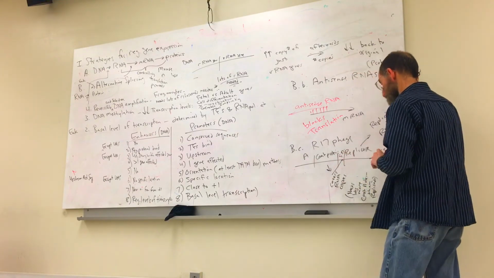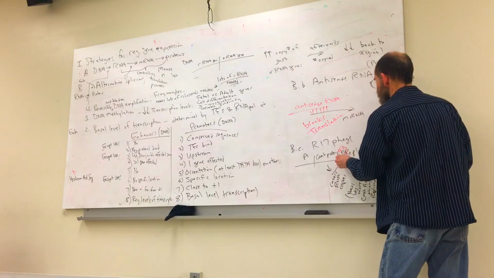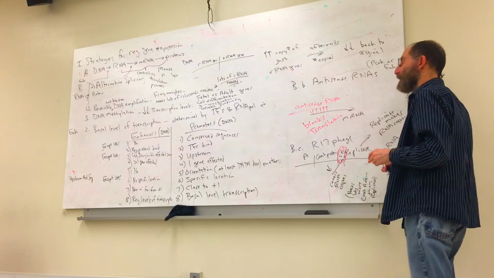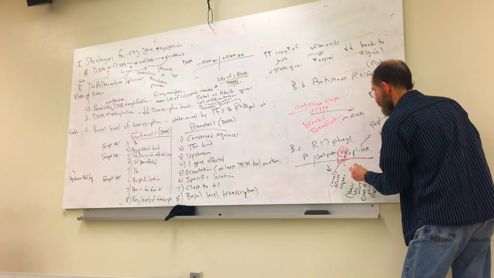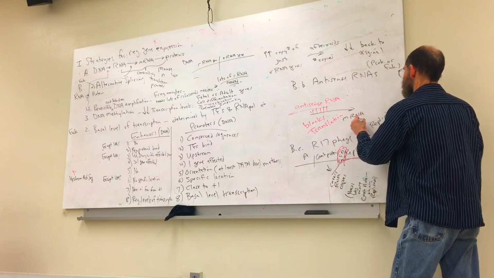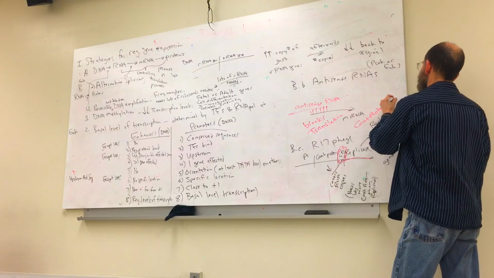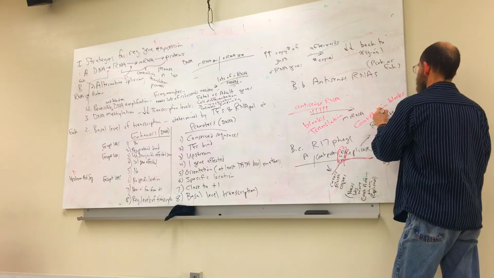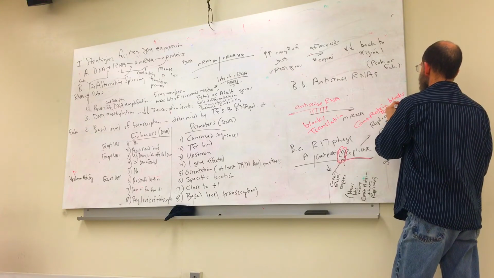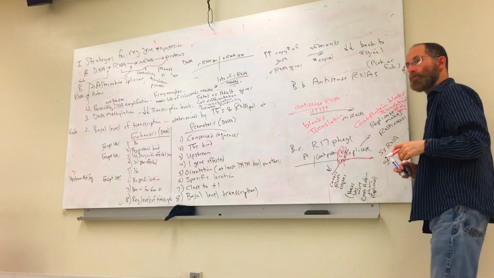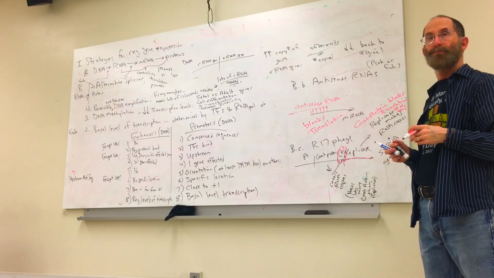And if the coat protein covers that, that's going to block translation of the replicase gene, by covering that region where the ribosome would normally bind. Okay?